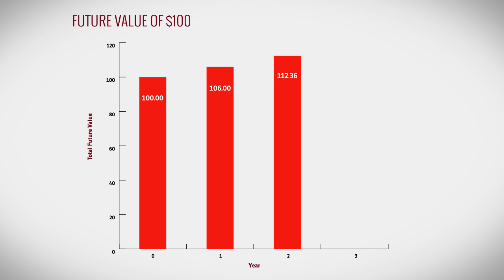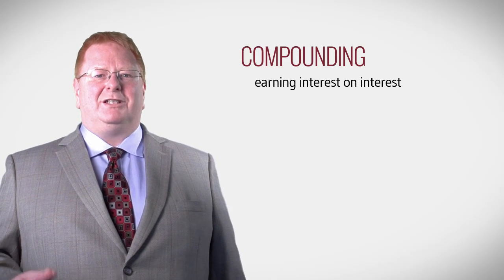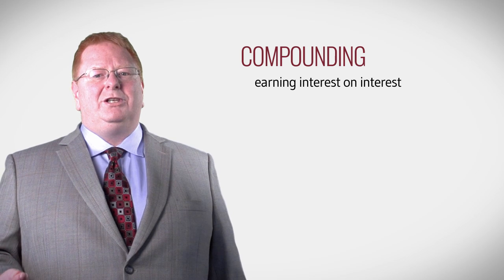In the third year, our $112.36 would grow another 6%, so we multiply by 1.06 again, and we'd end up with $119.10. So the future value in 3 years of $100 invested at 6% annualized interest is $119.10.